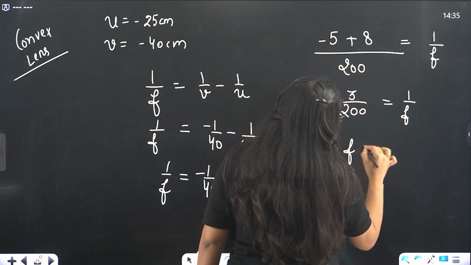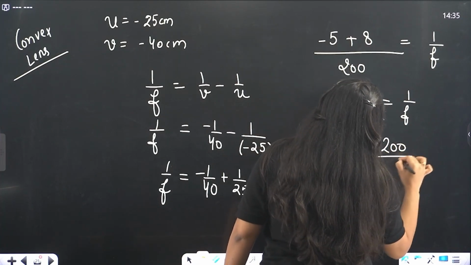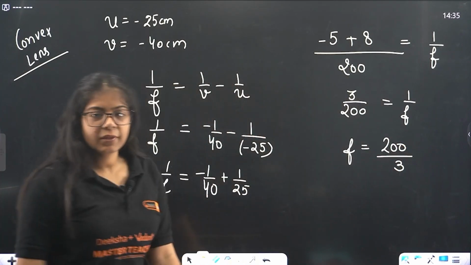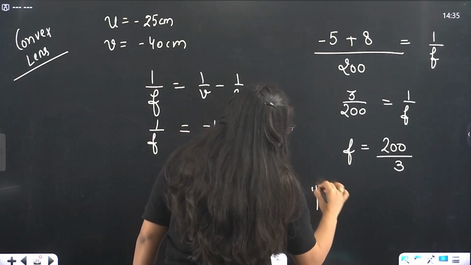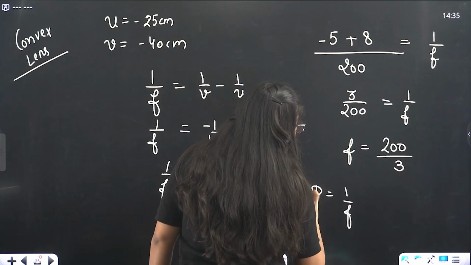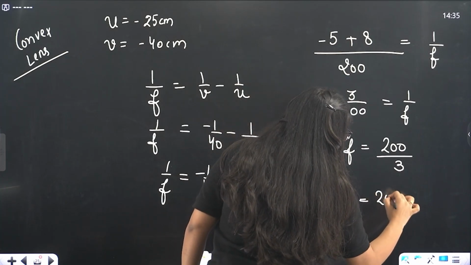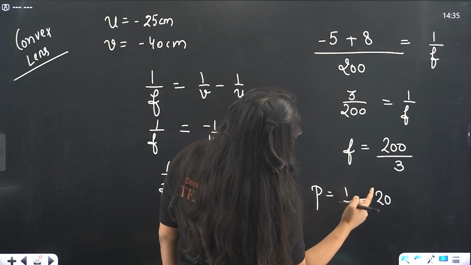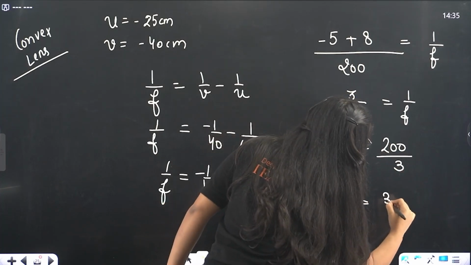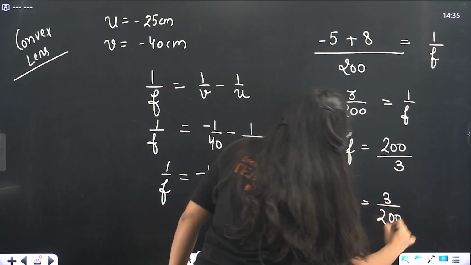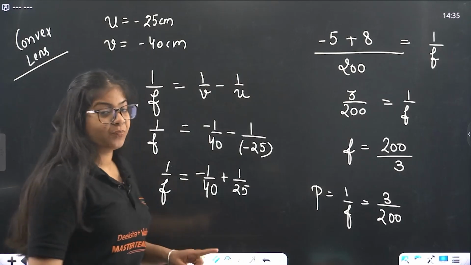So F will be 200 divided by 3. Understood? Now, beta, power is what? Power is 1 by F, so 1 by F will be 3 by 200. But here's a catch.